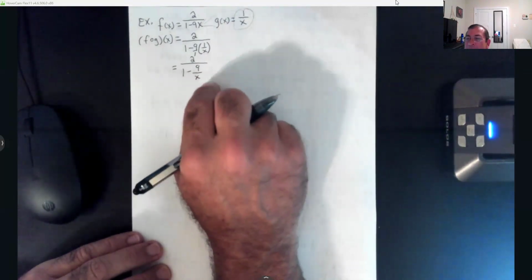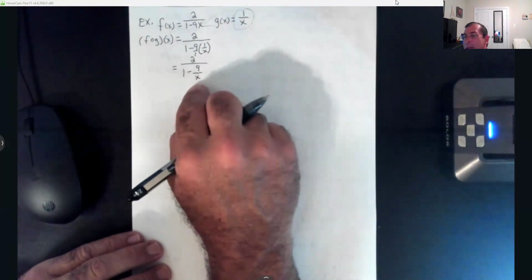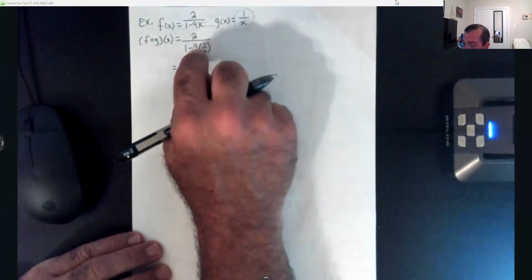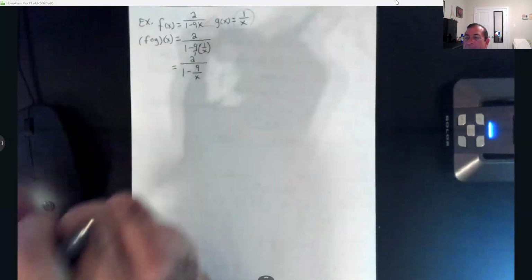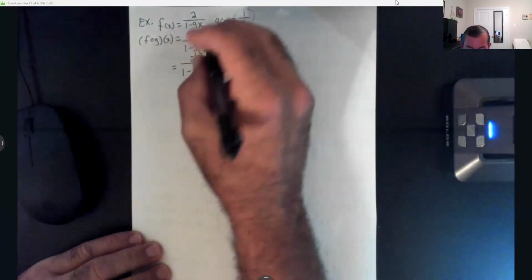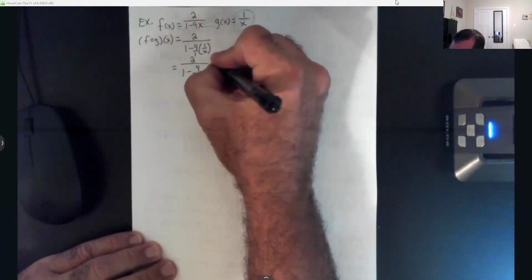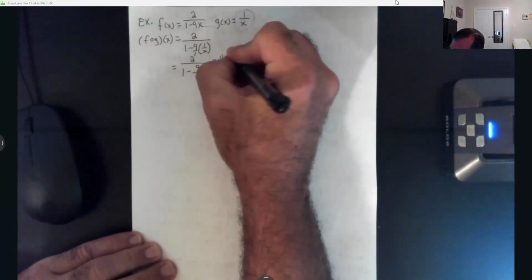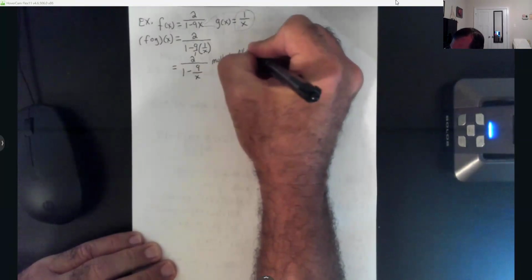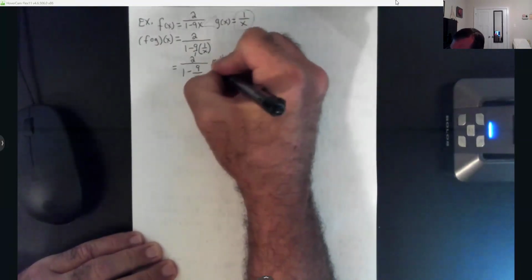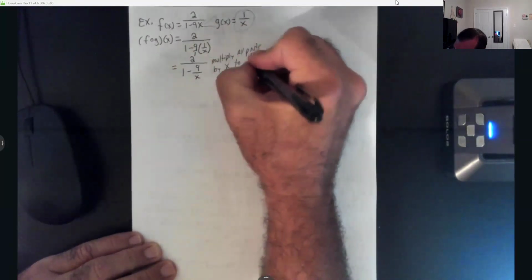There's an x in the bottom of that fraction. If I want to get rid of this fraction, I'm going to multiply everything by x. So y'all, I'm going to multiply everybody by x to eliminate that fraction.